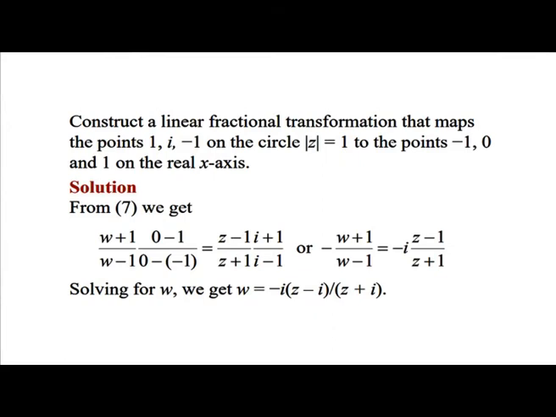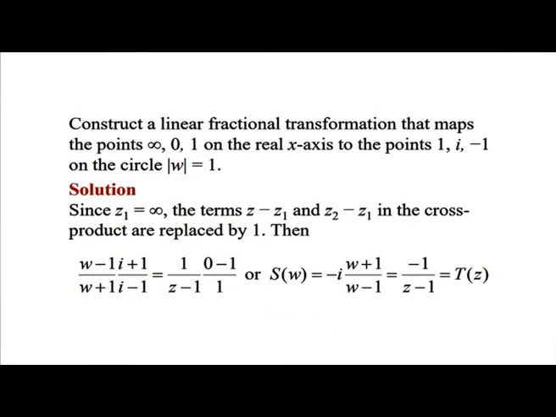Let us see another example where we have to construct a linear fractional transformation that maps the points infinity, 0, 1 on the real axis to the points 1, i, minus 1 on the circle mod W is equal to 1. Since z1 is infinity, the terms z minus z1 and z2 minus z1 in the cross ratio are replaced by 1, because we cannot directly substitute the point infinity there.